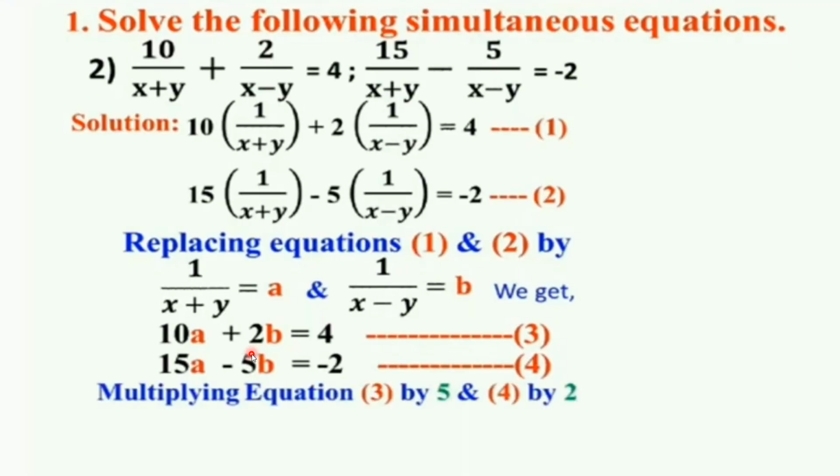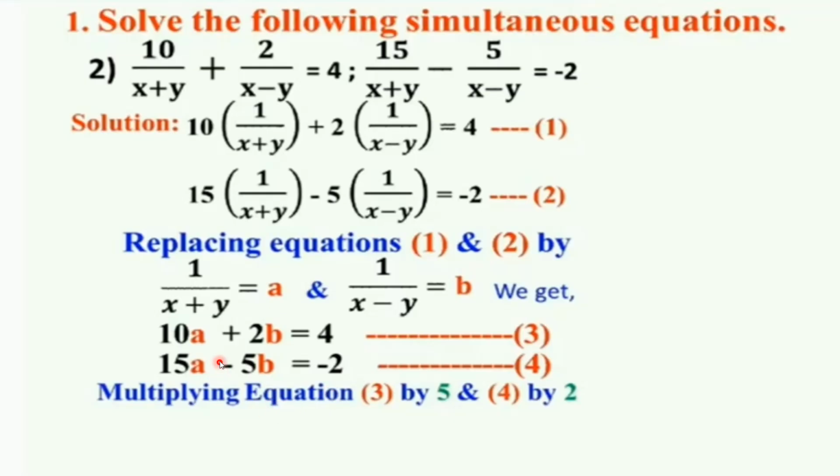So what I'll do is I'll multiply equation 3 by 5 and equation 4 by 2. If I multiply 3 by 5, then 2 5s will become 10b, plus 10b. Here if I multiply equation 4 by 2, minus 5 into 2 will be minus 10b. Then easily I can add these two equations after multiplication, so I can get the value of a.